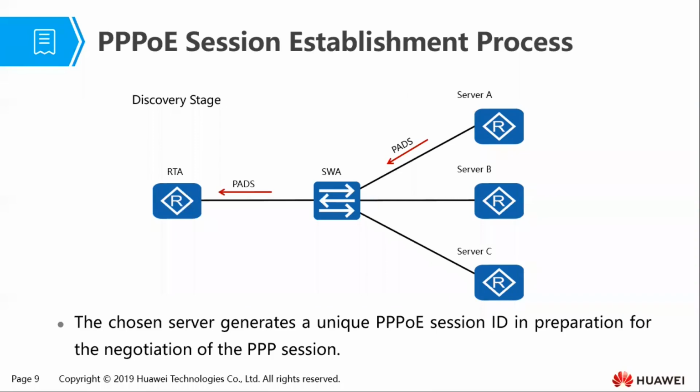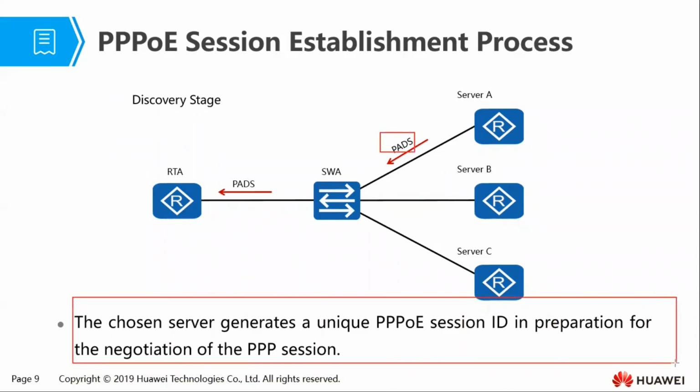Now, after server A receives the request, they are going to reply with a PPPoE active discovery session packet. This packet will now set up a value for the session. So the session ID will be formed at this particular point. The chosen server generates a unique PPPoE session ID in preparation for negotiation now of the PPP session.